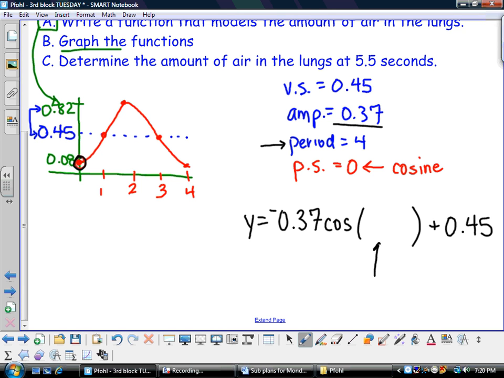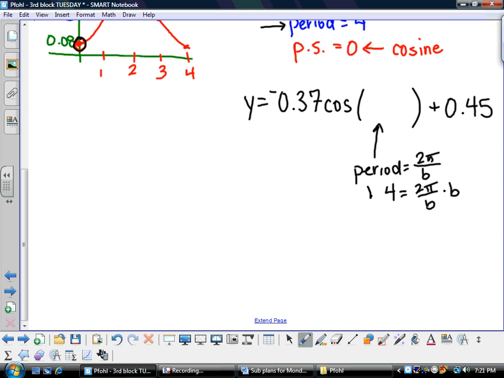To fill in the inside of the parentheses, we have the equation period equals 2 pi over b. So 4 equals 2 pi over b. Solve that equation for b. And it's going to have pi in it. This time there aren't pi's that are canceling out.